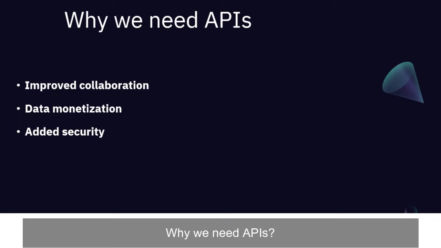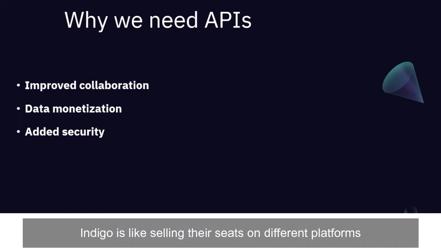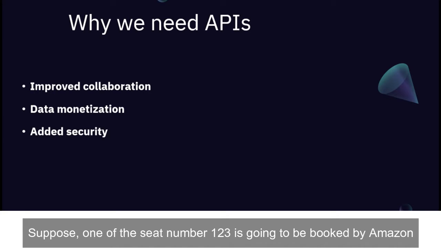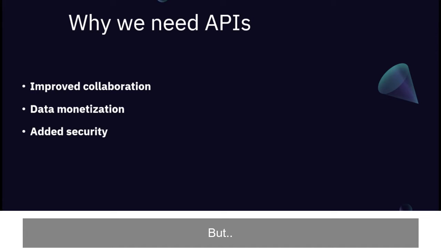Why do we need APIs? Improved collaboration. Let us take an example. Suppose I have to book some flights, like an Indigo flight, and suppose Indigo is selling their seats on different platforms like Amazon and PhonePe. Suppose seat number 123 is going to be booked by Amazon, but another software doesn't have that knowledge.